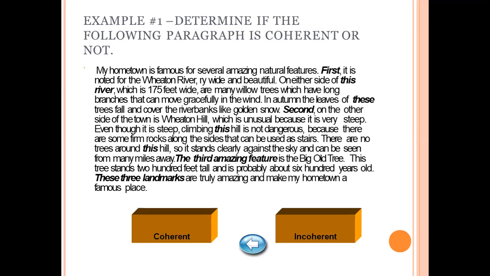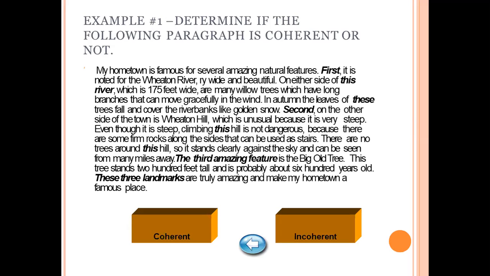Second, on the other side of the town is Wheaton Hill, which is unusual because it's very steep. Even though it is steep, climbing this hill is not dangerous because there are some firm rocks along the sides that can be used as stairs. There are no trees around this hill, so it stands clearly against the sky and can be seen from many miles away.